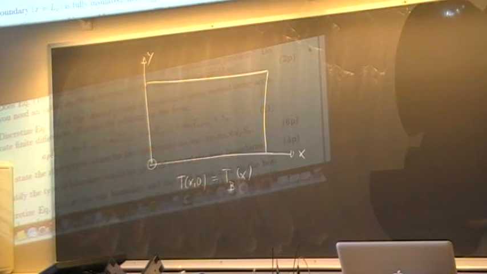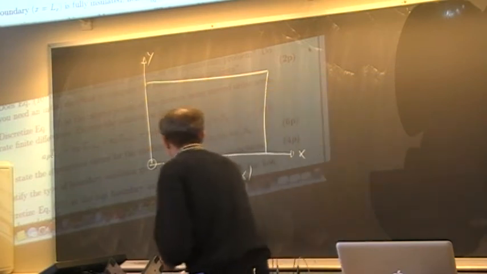Any suggestion? Yes, that's the Dirichlet. Exactly, that's the Dirichlet boundary condition. The value is specified. So it is the Dirichlet.